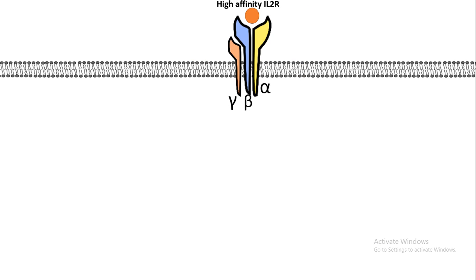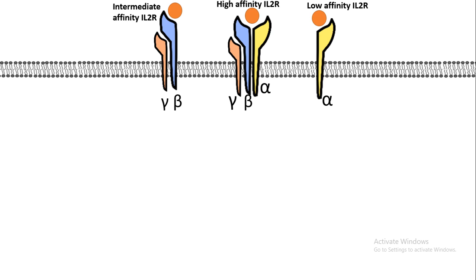Now the IL-2 receptor appears in three conformations. In a high affinity conformation the IL-2 receptor has three chains, namely alpha, beta and gamma. It can also appear in an intermediate affinity form where it has beta and gamma chains, and it can also appear in a singular form of the alpha chain alone, which is a low affinity receptor.